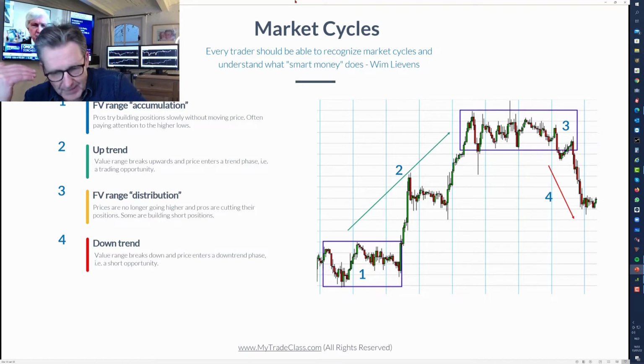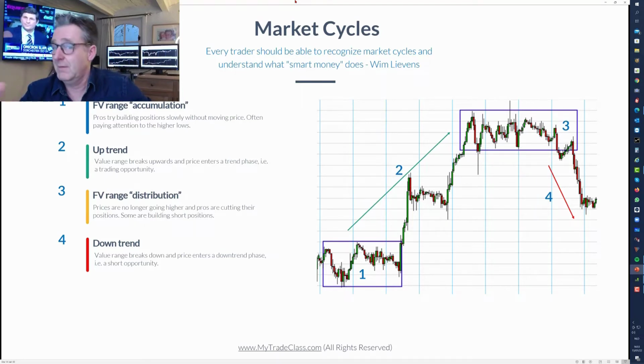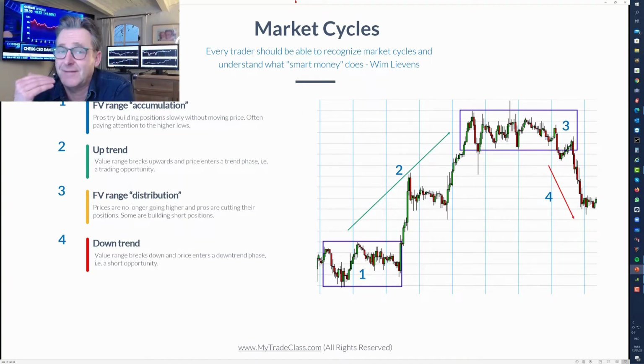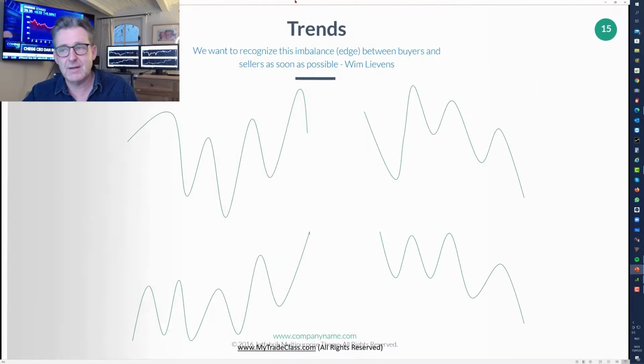Now, if you know how markets work, you understand that there are substantial volumes being traded where the big players are accumulating positions or distributing positions. Now, these are not the areas in which we want to trade, but we have to see it and be prepared, right?